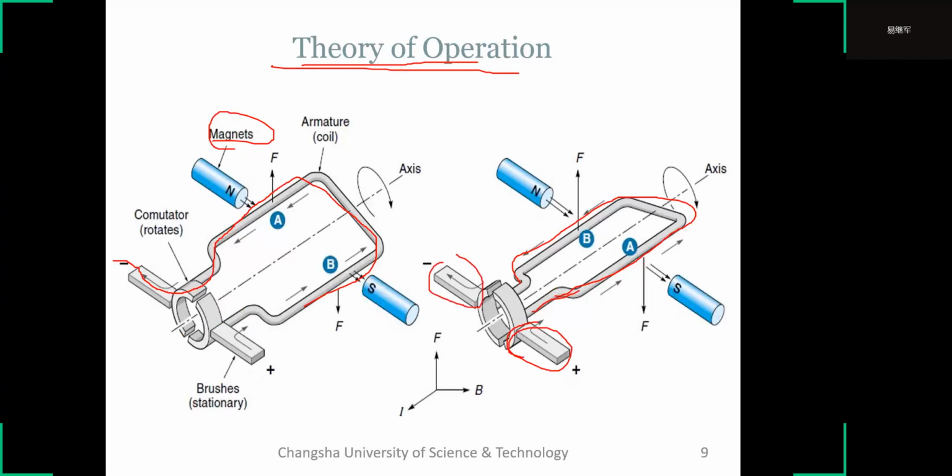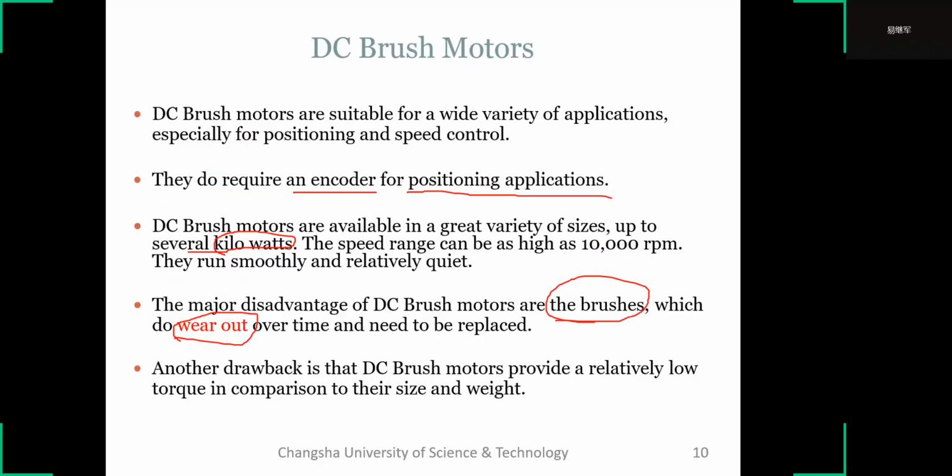When the brush is worn, we need to replace it. Another drawback is that DC brush motors provide a relatively low torque in comparison to their size and weight.